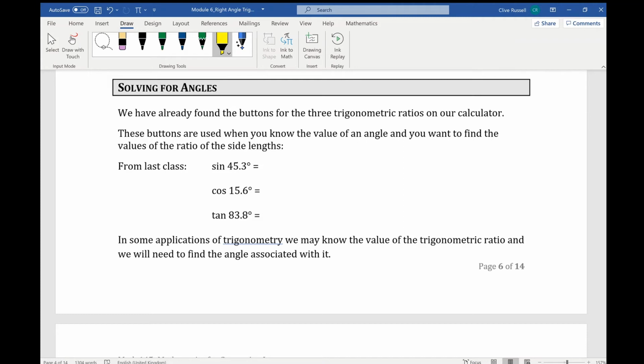Just to make things a little easier for you, we're going to do a little experiment here. In your calculator, could you find the sine of 45.3, the cosine of 15.6, and the tangent of 83.8? At this point, you could probably pause your video and do this, and then I'll write them down.